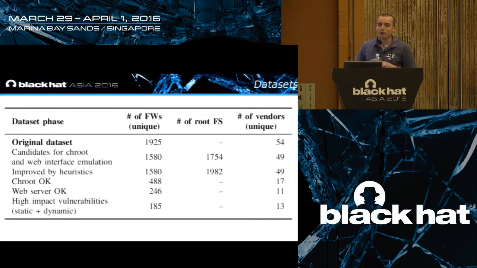There's MIPS big endian and little endian, and for ARM there are different ABIs, application binary interfaces, like ARM-EL and ARM-HF. You cannot run an ARM-EL file on ARM-HF, so sometimes they just do not run.